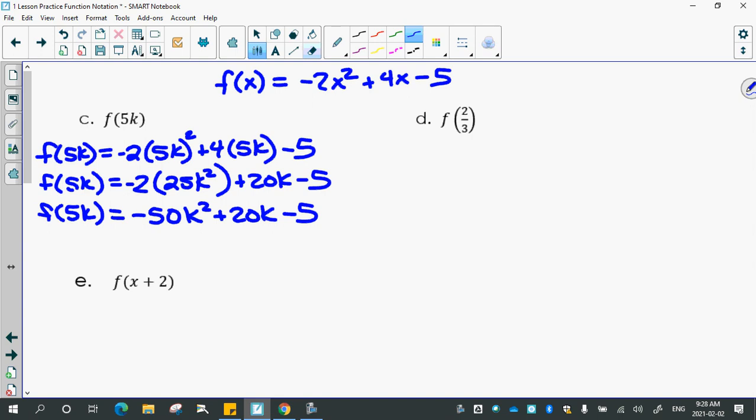All right, f at 2/3. Try that one. Get some practice with fractions. Leave them as fractions because we're in thirds now.